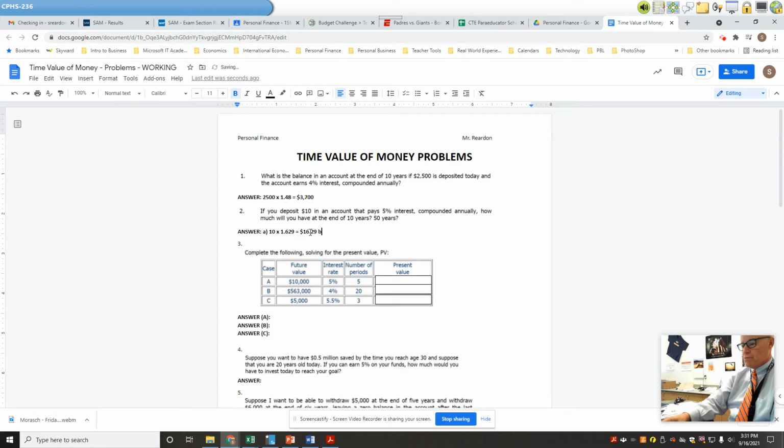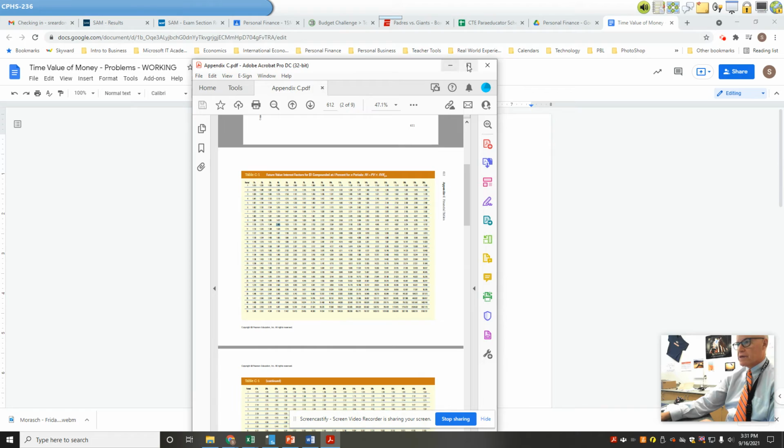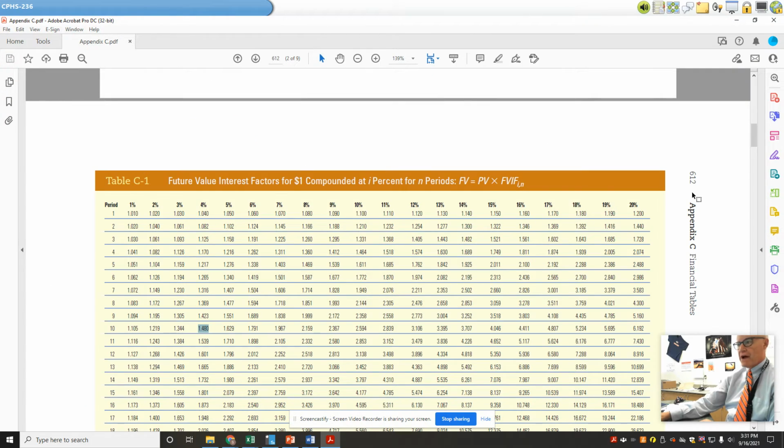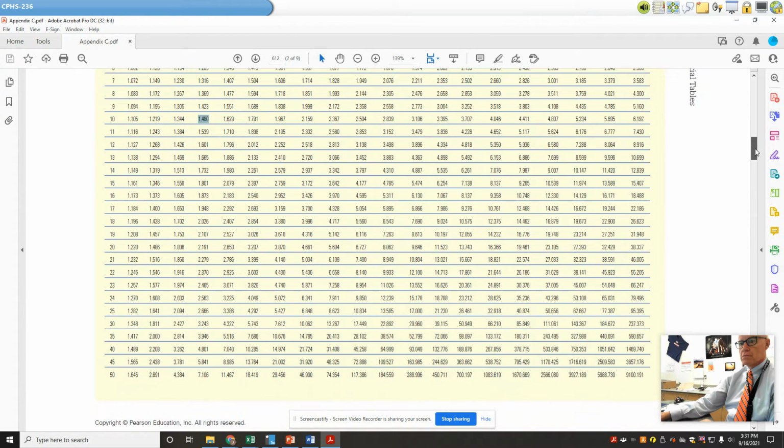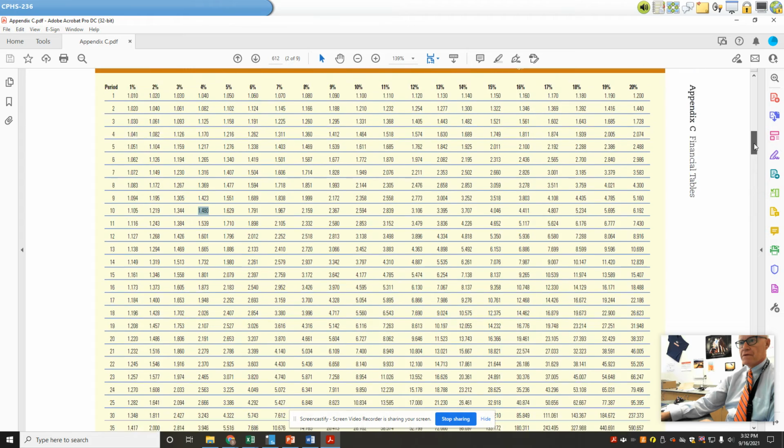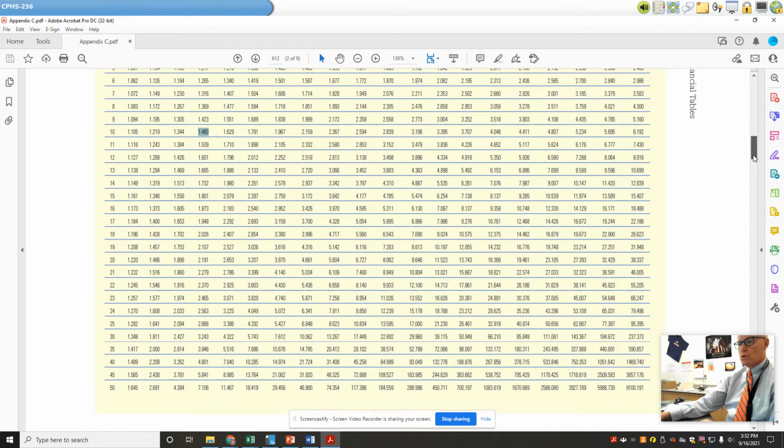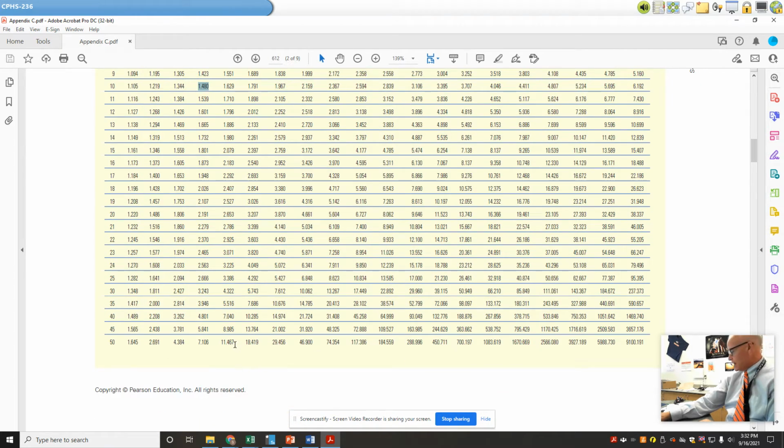Part B, $10 times, with a rate of return of 5% for 50 years, what's that going to come to? 5%, 50 years would be down here at 11.467.